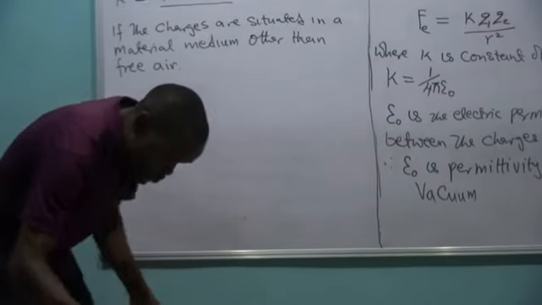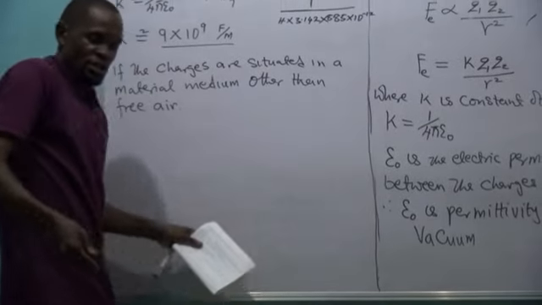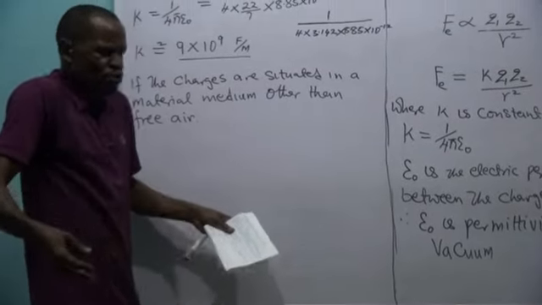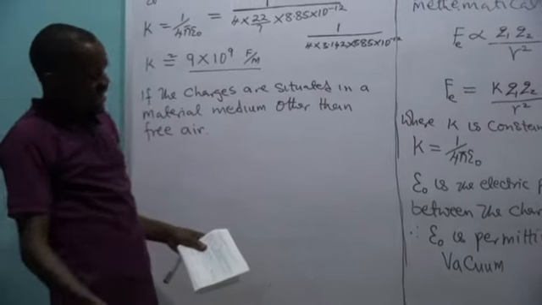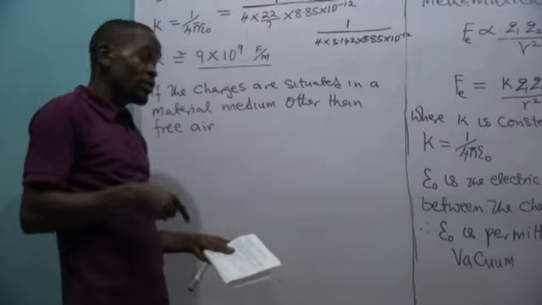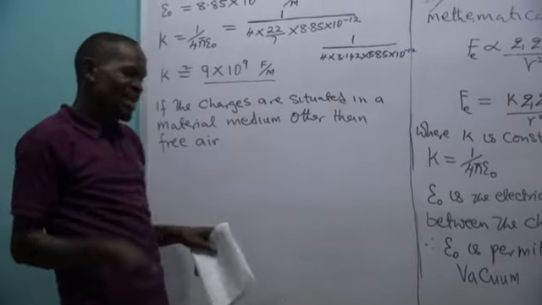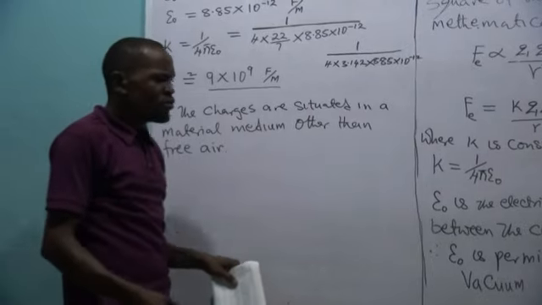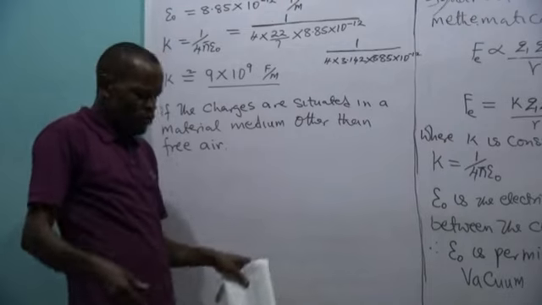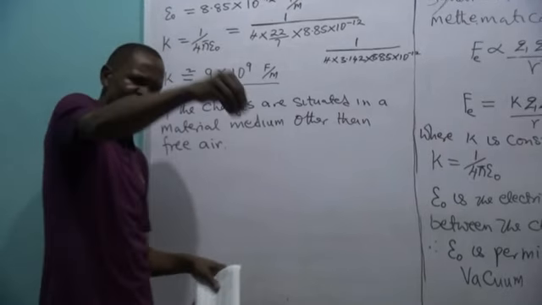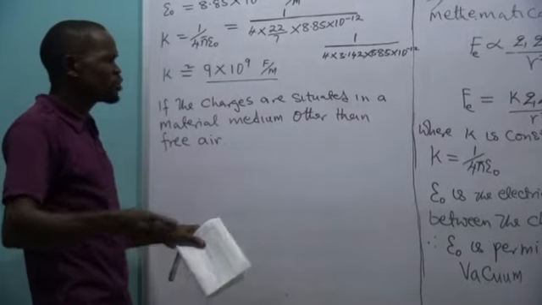How will the attraction force or repulsion force work here? That means the charges are no more in air, they are now inside the oil. What if I take them inside a pool of water and keep this charge inside it? How do they attract or repel?